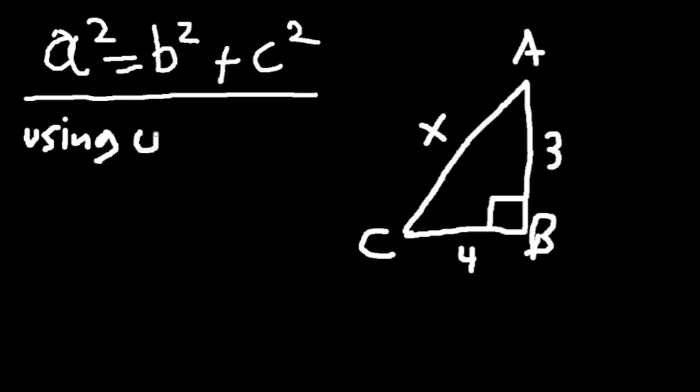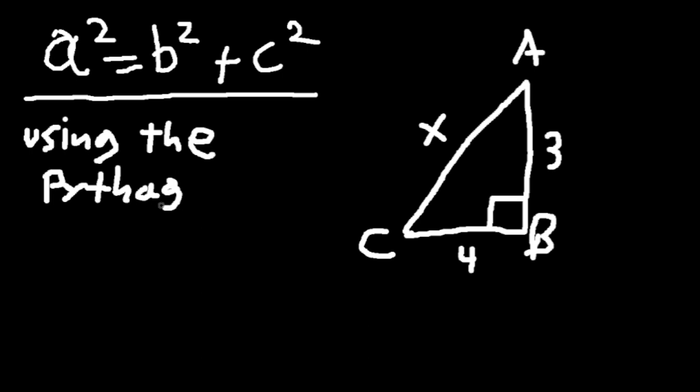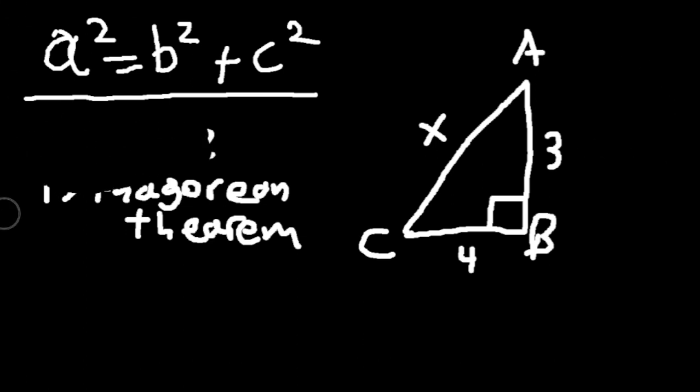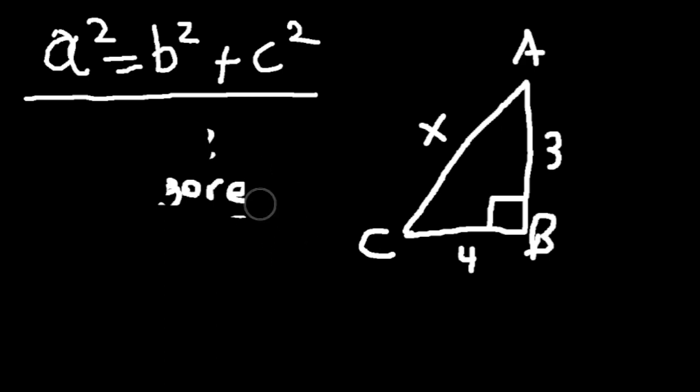So we're going to write: using the Pythagorean Theorem. Okay, like this. Now just because this is too long, I'll get rid of it. However, as I said, you'd want to write this in a big exercise where there'd be multiple things you need to find, just so that the person knows what you're doing.